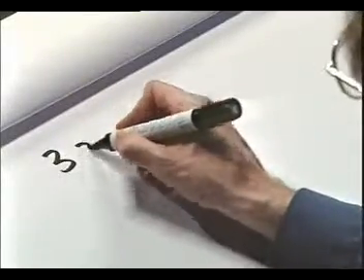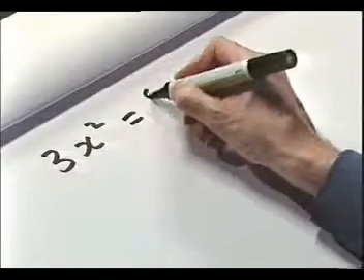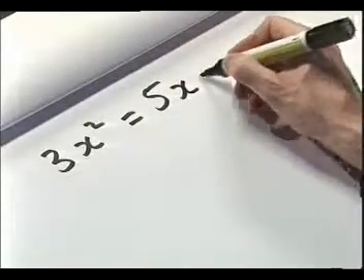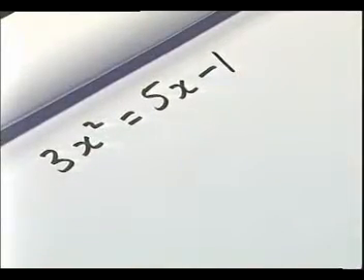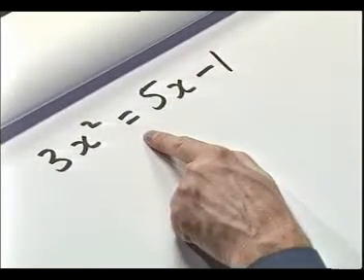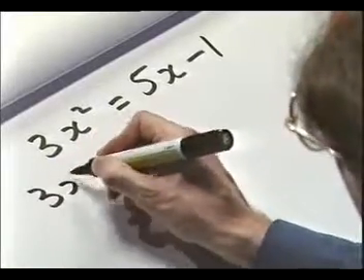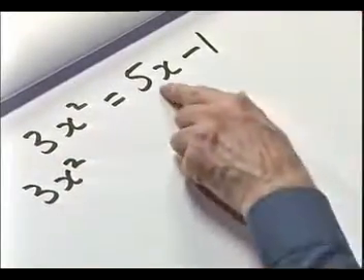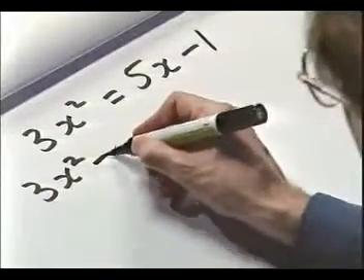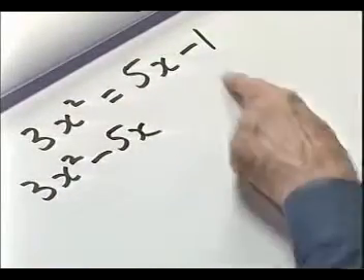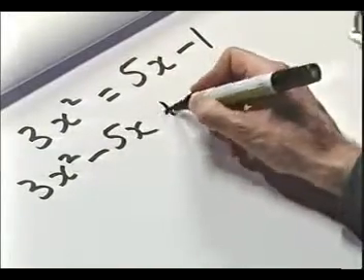Let's take one more example of using the formula. And the one that we'll take this time, 3x squared equals 5x minus 1. It doesn't say equals 0, so we must write it as equals 0, because that's the form that the formula demands we have the equation written in. So 3x squared, and we've got to take 5x away from each side, and we've got to add 1 to each side.